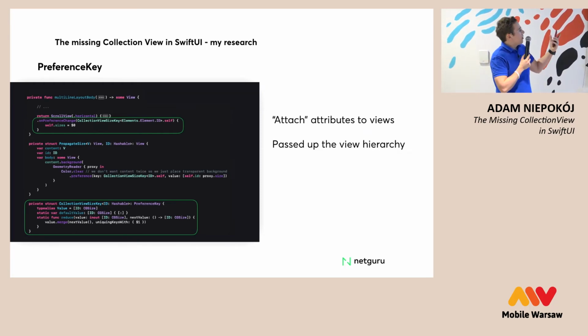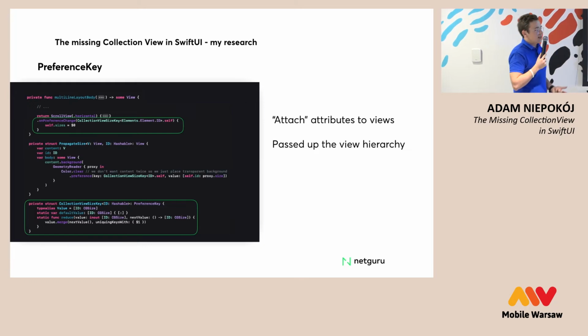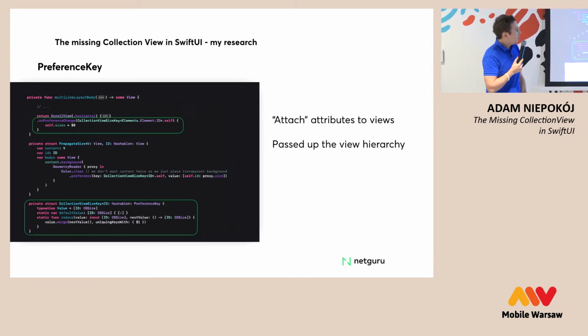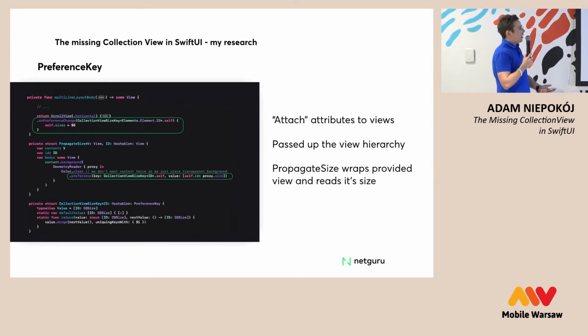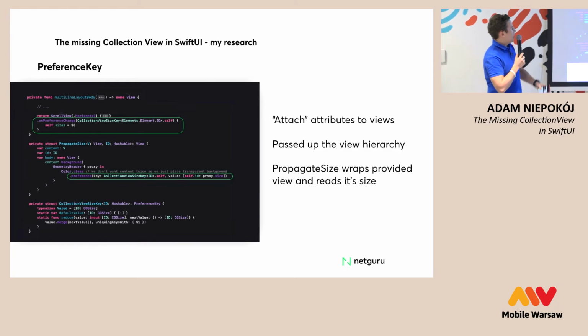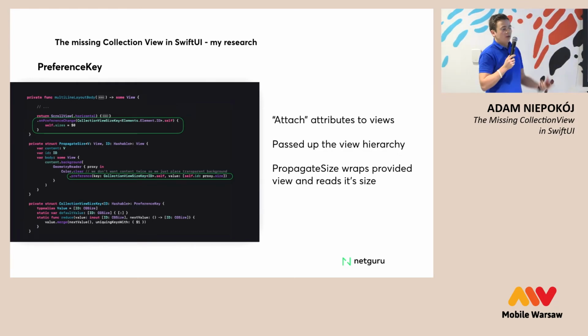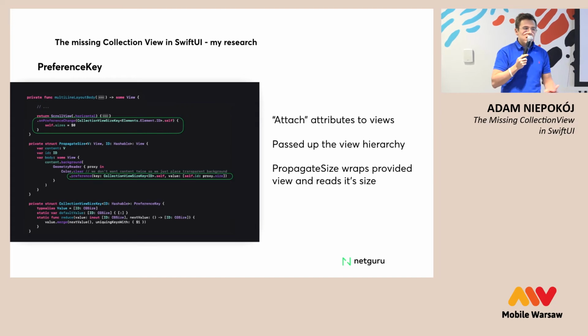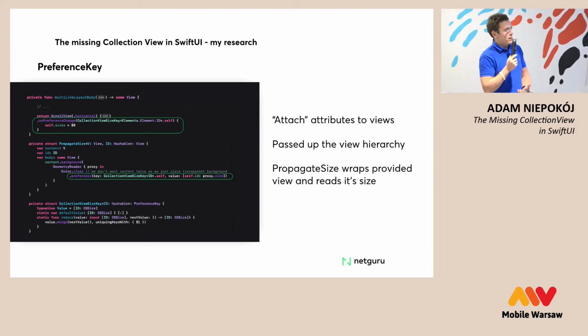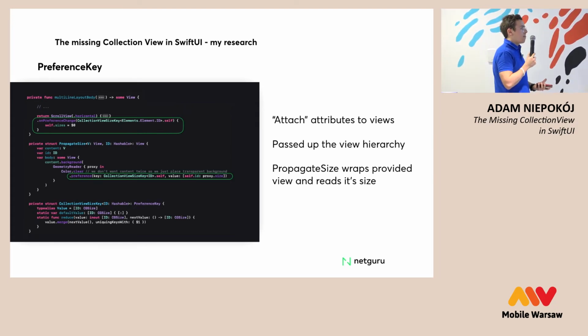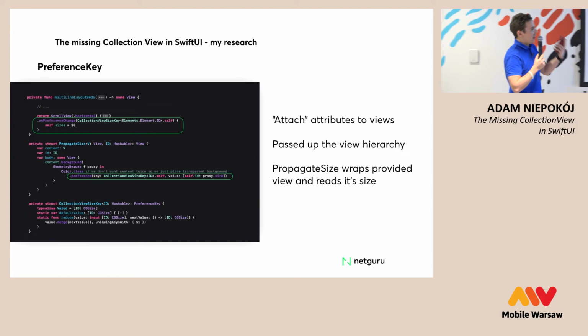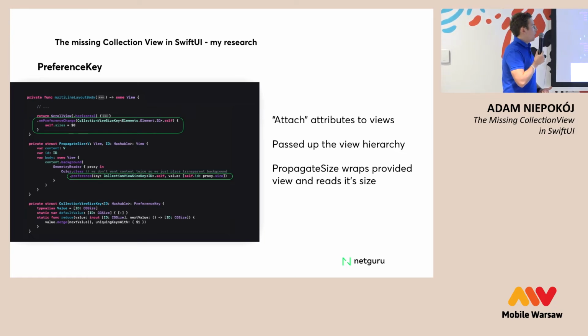In this case, these are sizes of the elements of the collection view. And the key point is here: the PropagateSize view is actually yet another wrapper of the cells, which reads the size of the cells and propagates it up the view hierarchy.